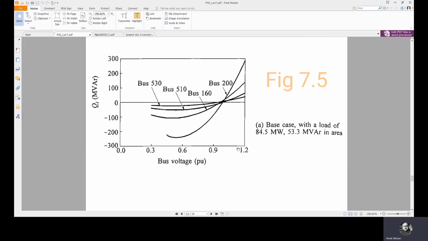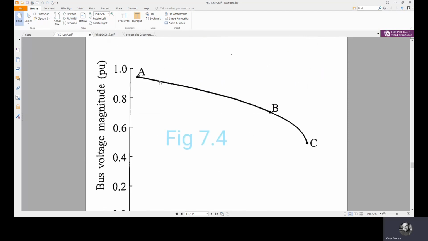Then the QV sensitivities will again change with respect to this active power loading. With the increased active power loading, for a small reduction in reactive power injection, there is a big reduction in bus voltage. That means indirectly we have a coupling between active power and bus voltage magnitude.